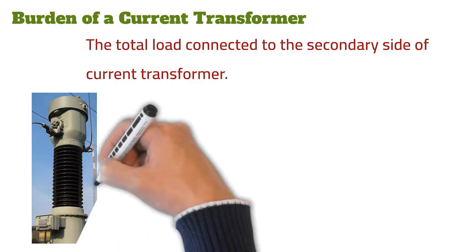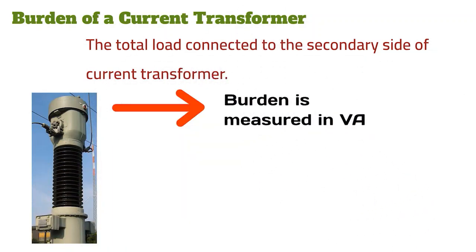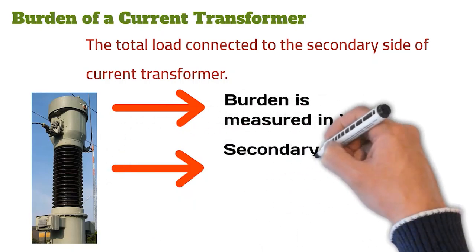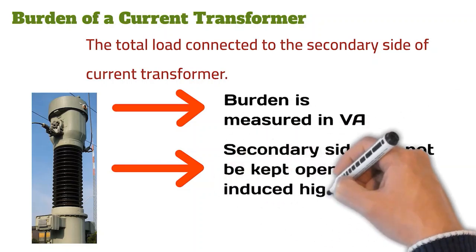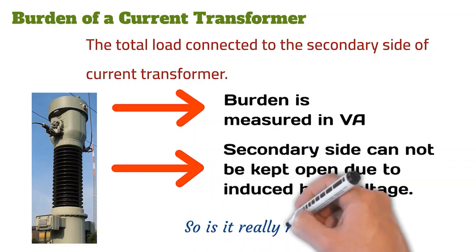The burden is measured in volt-amperes, VA, since this secondary load can be not only resistive. So why is it called by this name, burden? The reason is, in a CT, the secondary cannot be kept open due to the induced high voltage. So unlike normal transformers, the CT should always be loaded. So is it not a burden?